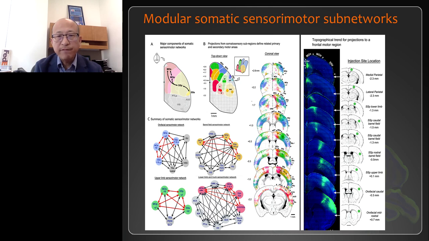And what we found out is, in fact, all the different cortical areas are organized as modular subnetworks. For example, the entire somatic sensory motor areas include primary sensory, primary motor, secondary motor, secondary somatosensory.